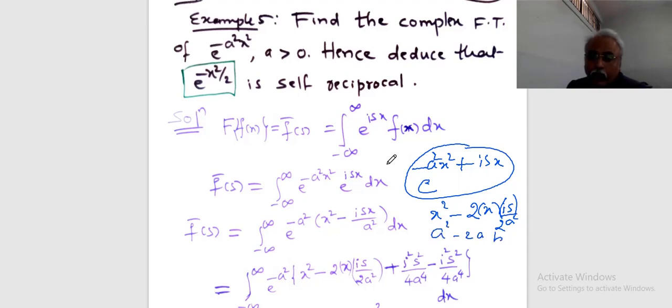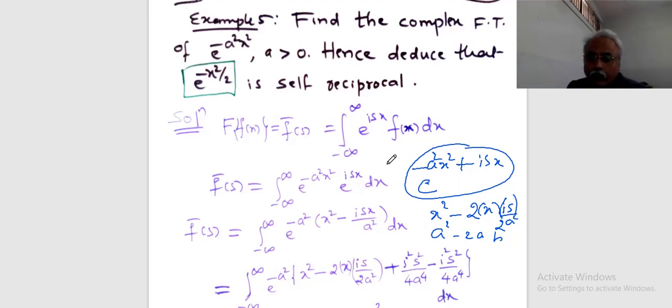B square part. This is a square minus 2ab, where a is this and b is this part, squared. Whatever you have added, you have subtracted. This whole minus a square is common to the whole range. Once again, minus a square taken common, only the a square minus 2ab term is there. How is this adjusted? Minus 2 times x into is, here also 2 is written.